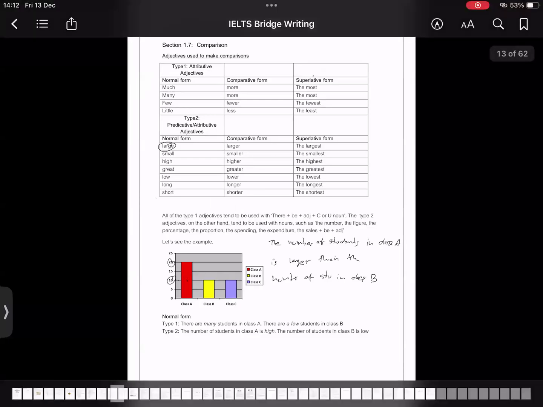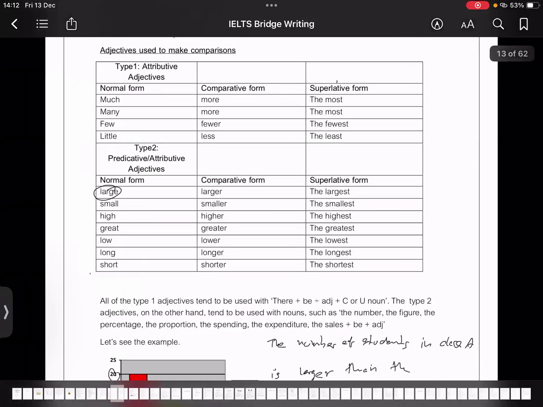On this page, the tables give you adjectives you can use to make comparisons between two quantities. When one quantity is bigger than the other, you can describe those two quantities using a type 1 adjective or a type 2 adjective. What you need to be careful about with type 1 adjectives is the position where you place them.